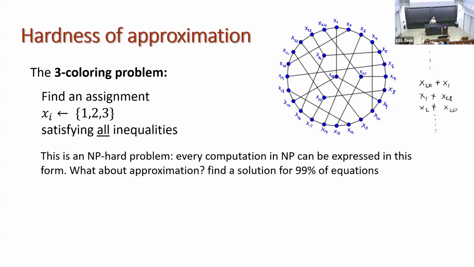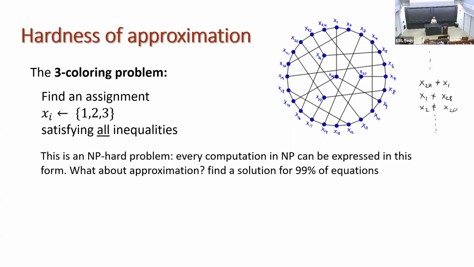Now I can ask for a weaker problem, which is, I don't want you to solve all the equations. I'm interested to know whether there is a solution that satisfies 99% of the equations. So I'm willing to allow you to violate some 1% fraction of the equations, but I still want a solution for most of the equations. How hard is this problem?